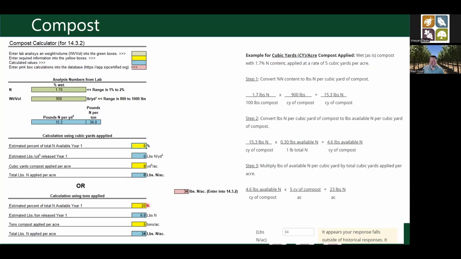So we use what I call a 20% multiplier when we are estimating the amount of N released in year one. So for example, in this case, we're doing a 20% release based on this 5-ton per acre applied product. So there was 6.8 pounds of N released in year one, and we had 5 tons applied, and so that's 34 pounds of N per acre applied total out of that 5 ton.